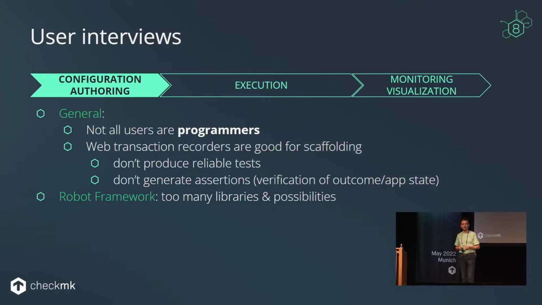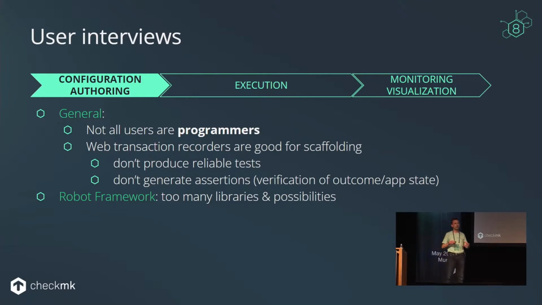Regarding the configuration and authoring, we found out that programming can be a real high barrier. The effort to learn a new testing tool must be as low as possible. And some customers, who already use some end-to-end monitoring tool, had experience with so-called transaction recorders.